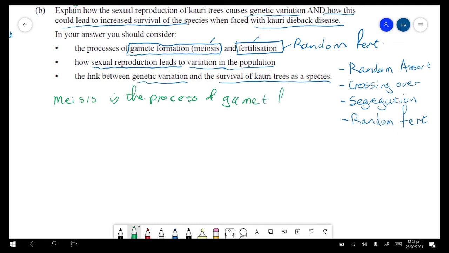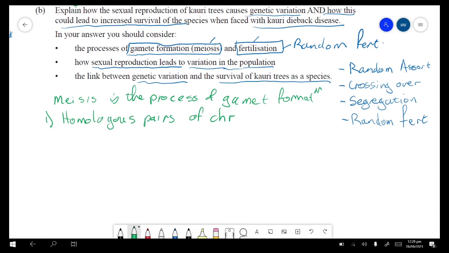And the first step is that the homologous pairs of chromosomes, and what is a homologous pair of chromosomes? Remember, you have 2 chromosome 1s, 2 chromosome 2s, 2 chromosome 16s, 2 chromosome 18s, 2 chromosome 23s. Those are all homologous pairs. It means they carry the same genes, but the different alleles will determine your phenotype.